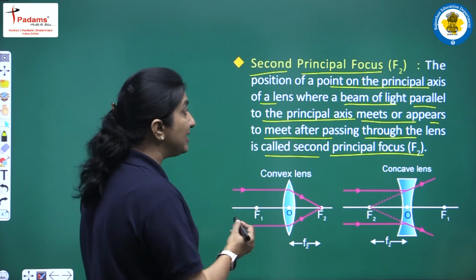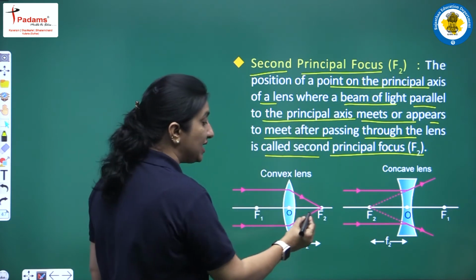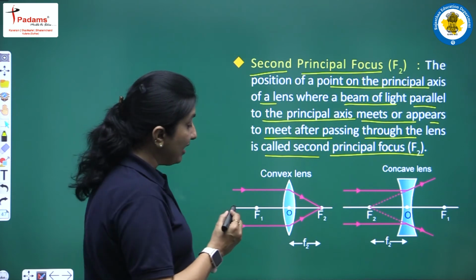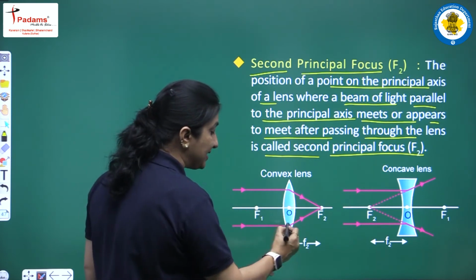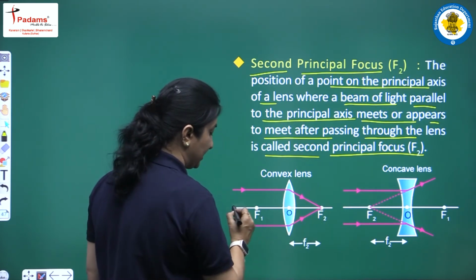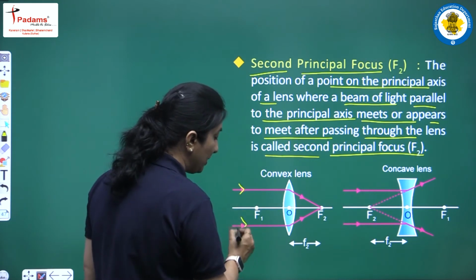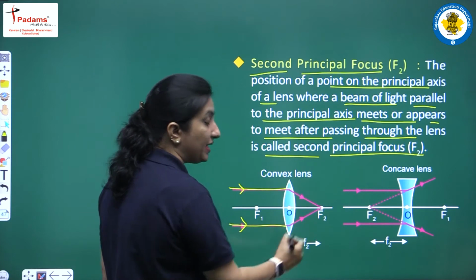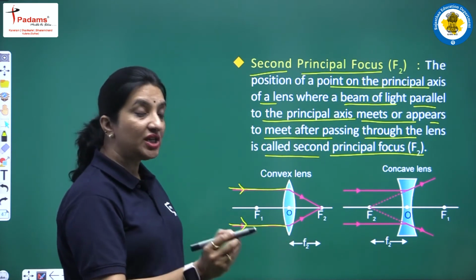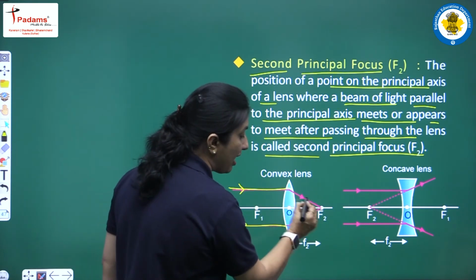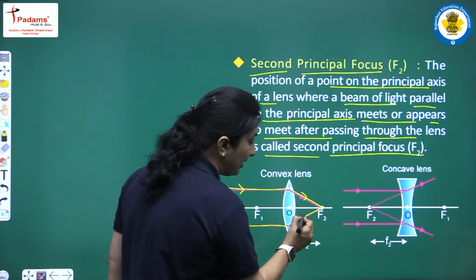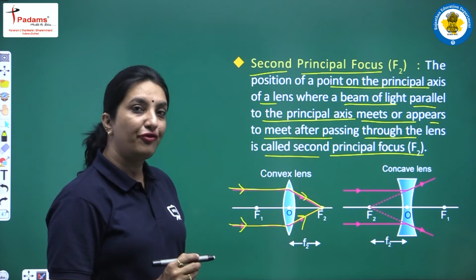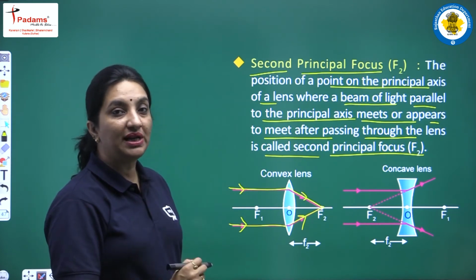The second principal focus is a point on the principal axis where the light rays which are incident parallel to the principal axis, वो light rays जो कि principal axis के पैरेलल लेंस के ऊपर इंसिडेंट होती हैं, रिफ्रैक्शन के बाद इस पॉइंट पर आकर मीट करती हैं, उस पॉइंट को हम क्या कहते हैं? प्रिंसिपल फोकस F2, that is the second principal focus.